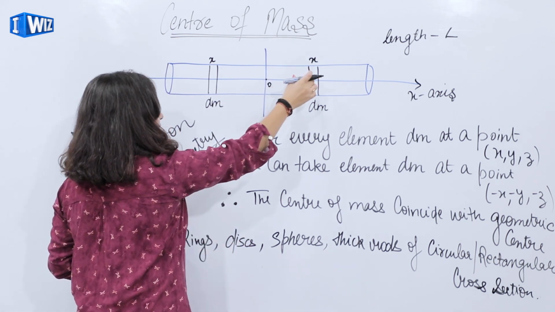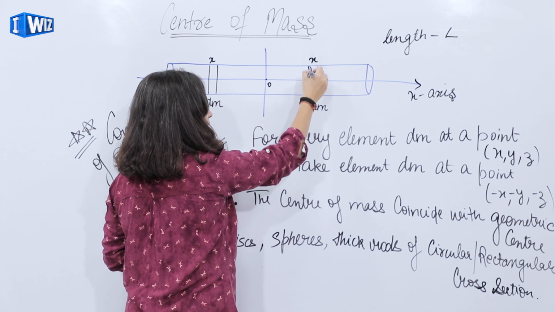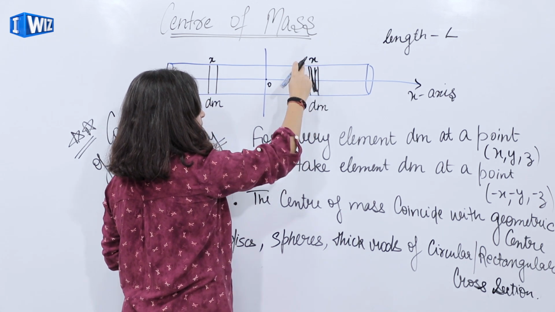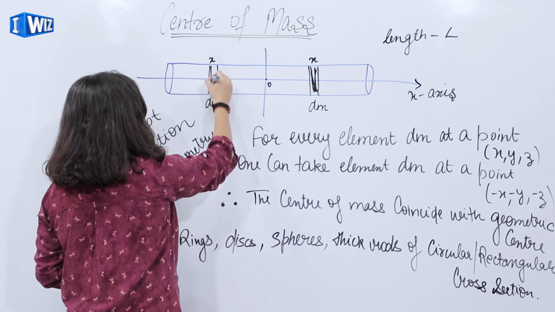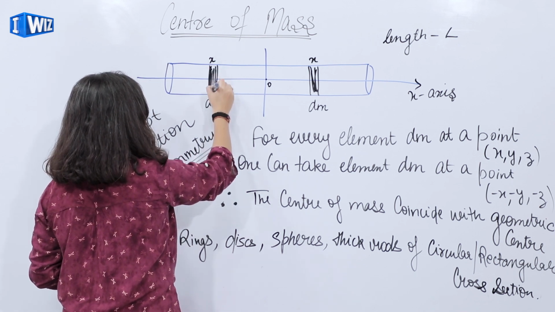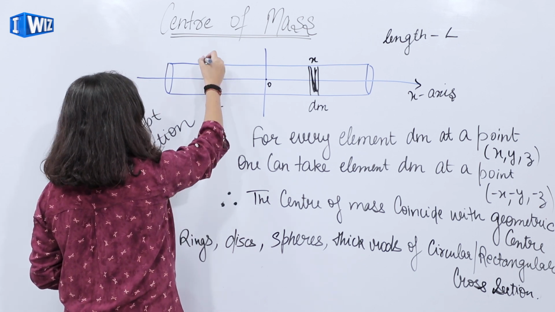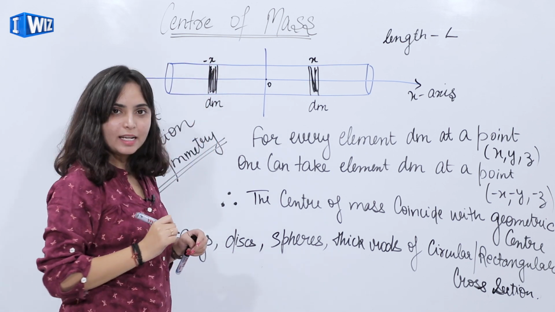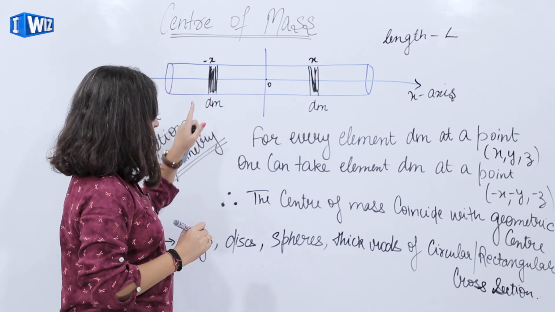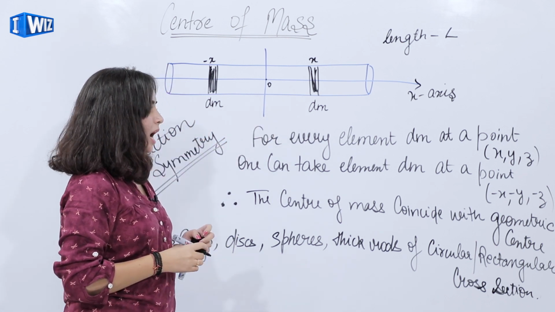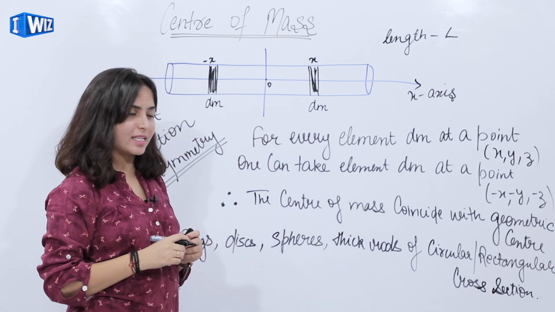So if this is my x, I have considered this portion of dm, this is my x. There is another same mass element dm at minus x. If we have this condition, then the center of mass coincides with the geometric center.